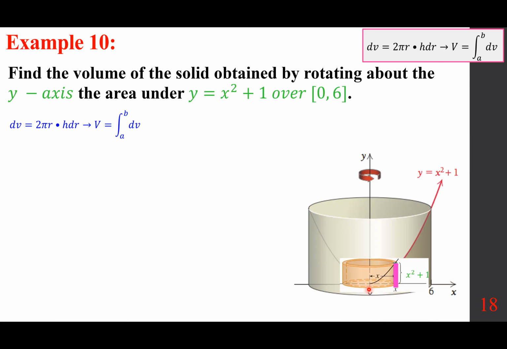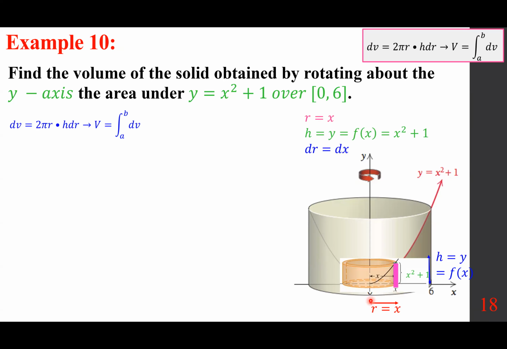The distance from the axis of rotation, R, is x. The height, h, equals the y coordinate of this point, or f of x, which happened to be x squared plus 1. And the thickness is dx.